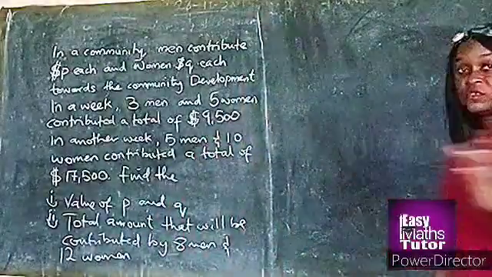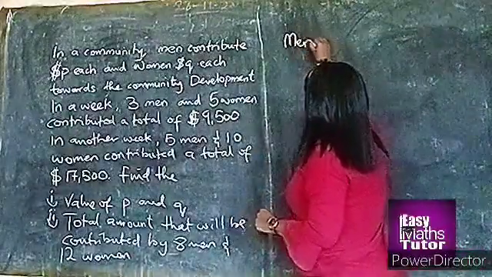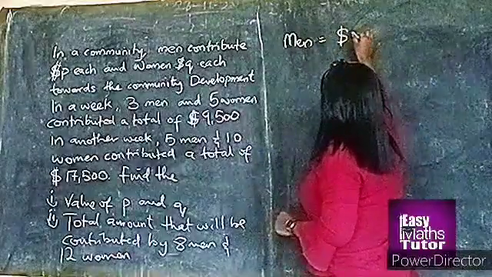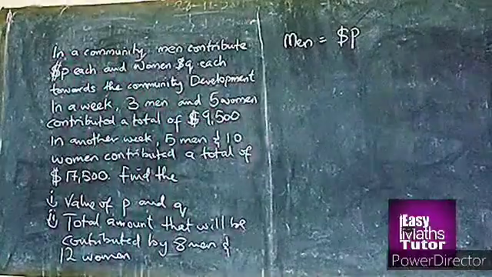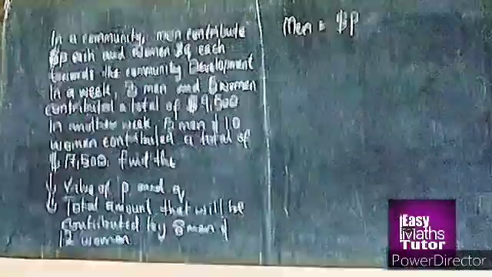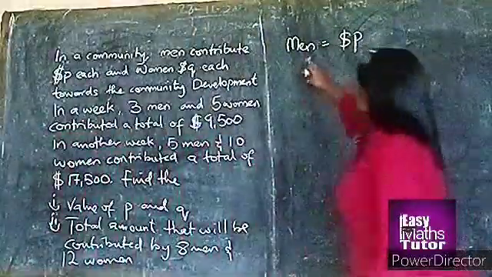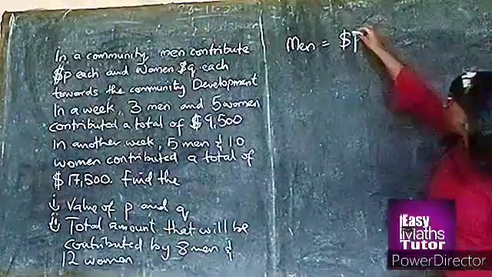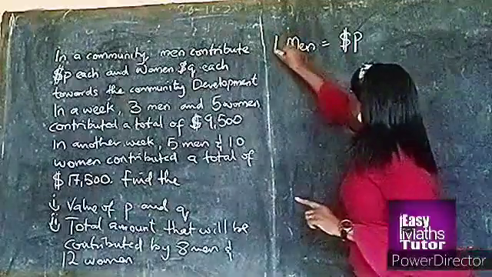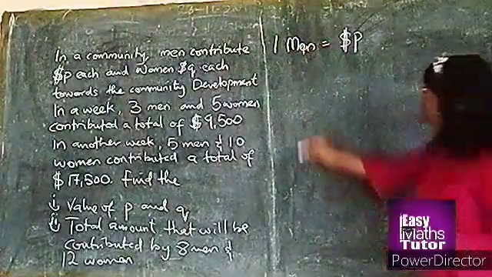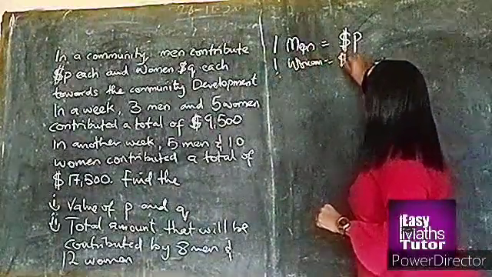This question looks like a simultaneous equation. Men contribute $P each, so one man will contribute $P, and one woman will contribute $Q.